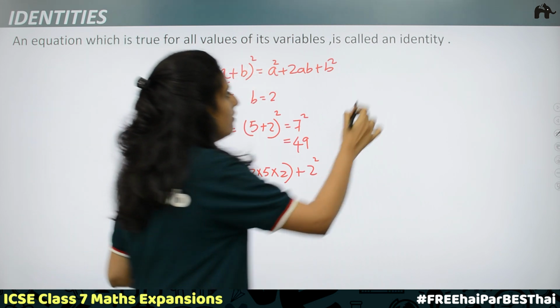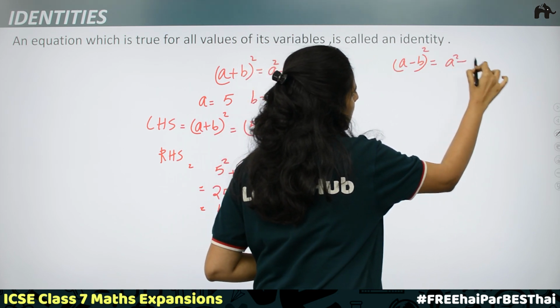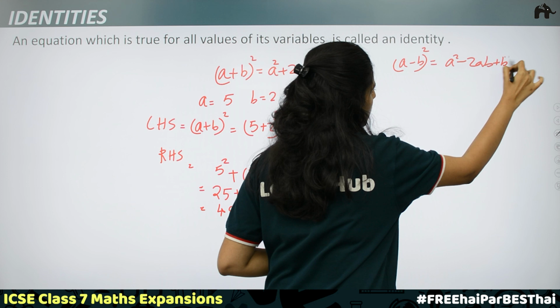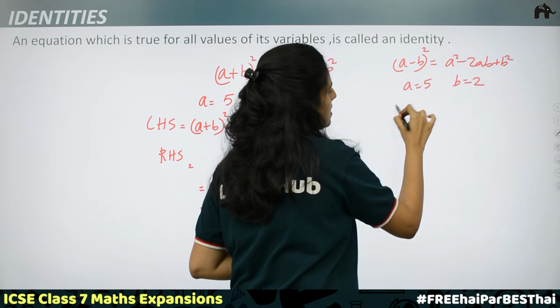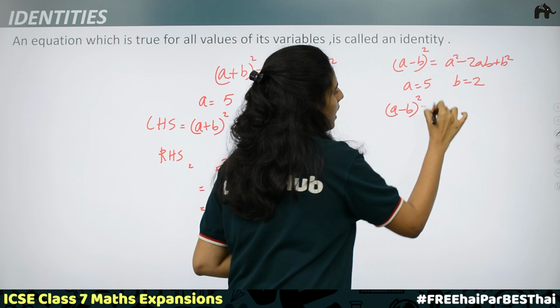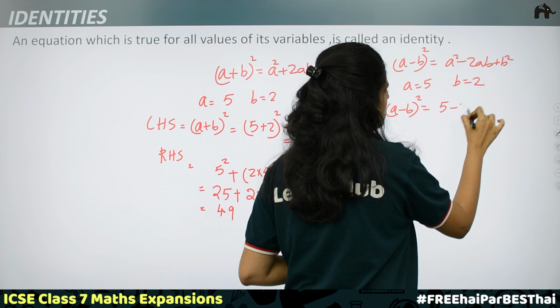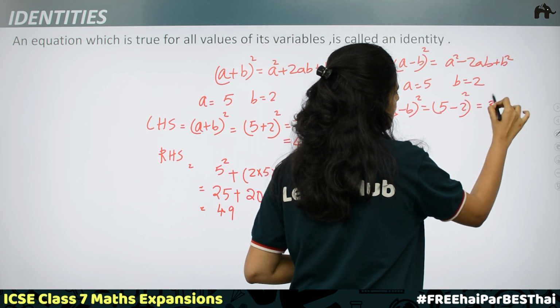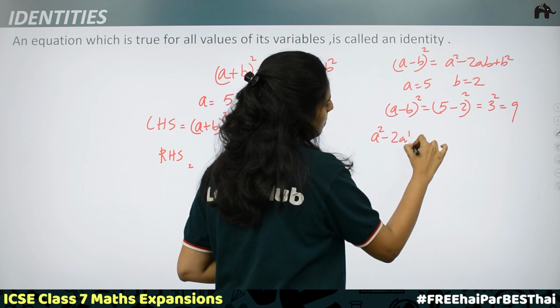Okay. Now, if you have (A minus B) whole square, we know it is equal to A square minus 2AB plus B square. We are putting the same values. A is equal to 5 and B is equal to 2. What is (A minus B) whole square? (A minus B) whole square will be equal to (5 minus 2) whole square, that is 3 square equal to 9. What about A square minus 2AB plus B square?